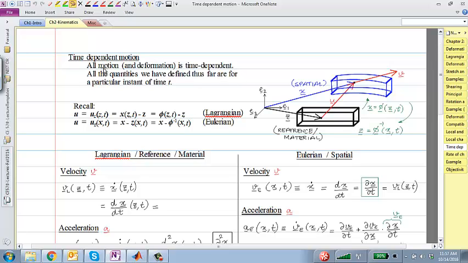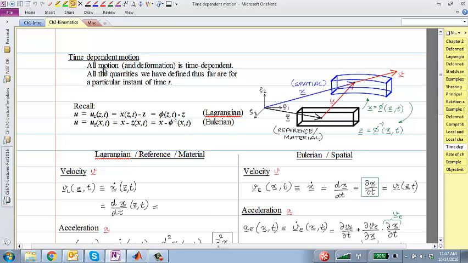Now, I said that in this course, we are not really dealing with time-dependent deformations as much, but it's true that all deformation, all motion is indeed time-dependent. And when the changes in time of a deformation are significant, when they are important, we need to quantify these time-dependent quantities.